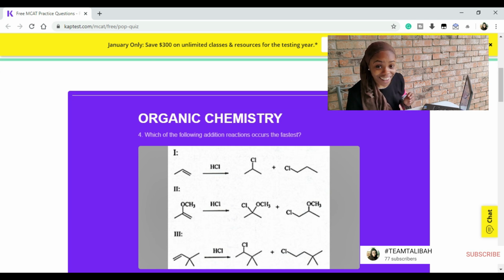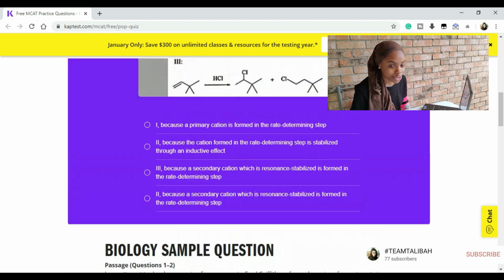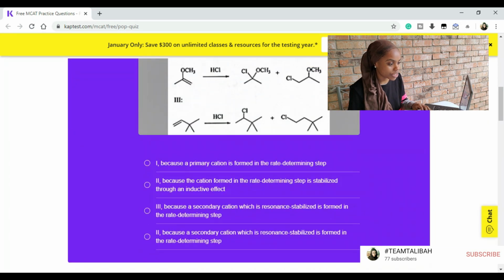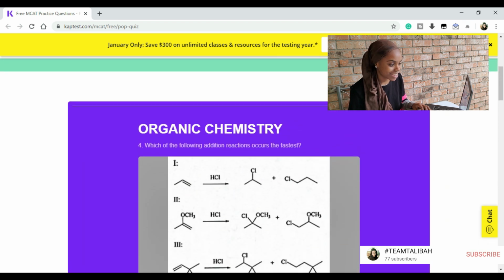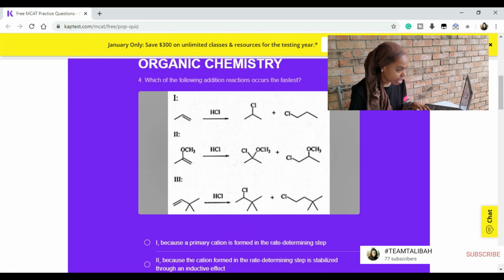Okay, so we're on our last question, and our last question is organic chemistry. Okay, so it says, which of the following addition reactions occurs the fastest? And so if you see right here, they have hydrogen chloride, chloride plus chloride, oxygen hydroxide, hydrogen chloride.